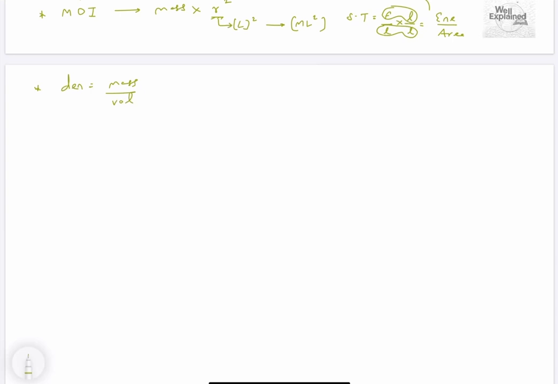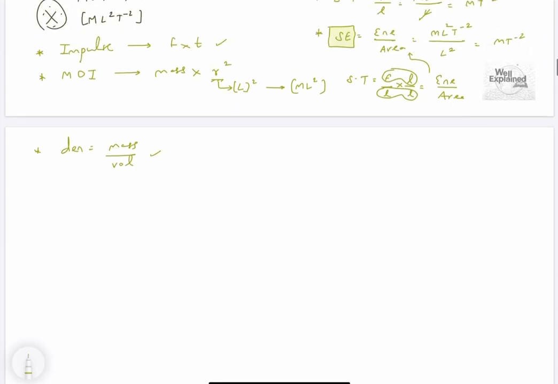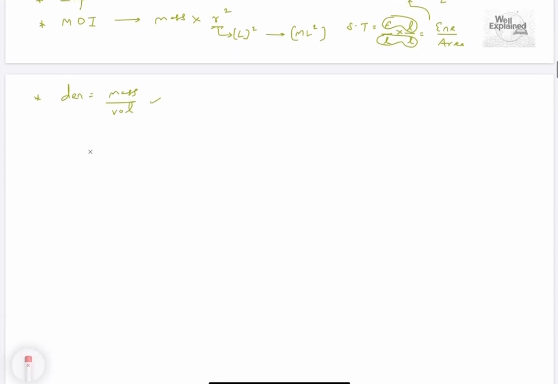Please do derive this also, impulse. Then we'll slowly see other things. Maybe time is nothing but 1 by frequency.